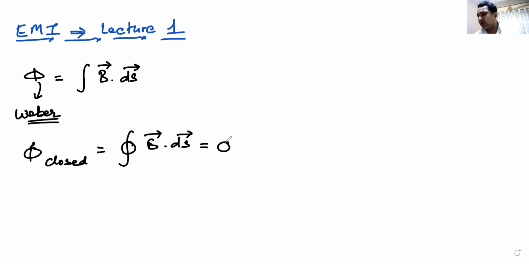That means you cannot have an isolated north pole or an isolated south pole. What you can have is north and south both together. Do we remember this? That is what you got to remember now.